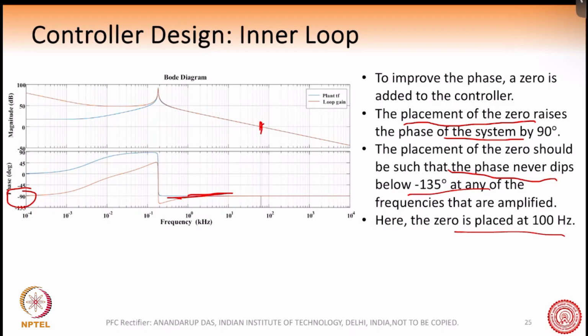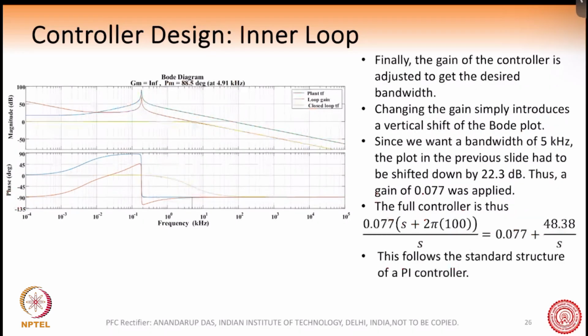The problem is that with a switching frequency of 50 kilohertz and a bandwidth of 70 or 80 kilohertz, the switching frequency harmonics will also get amplified. So we have to push down the loop gain. You can see here we are now pushing it down. This is the loop gain plot. Earlier it was 70 or 80 kilohertz, but now we are reducing it to somewhere here.